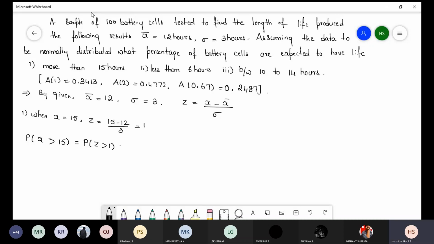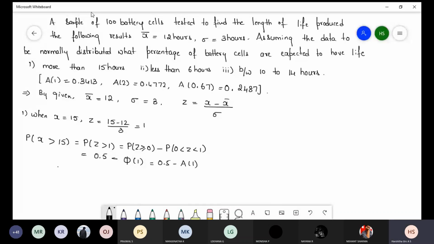So P of Z greater than or equal to 0 minus P of 0 less than Z less than 1. P of Z greater than or equal to 0 is 0.5 minus A of 1. So we can write 0.5 minus A of 1.